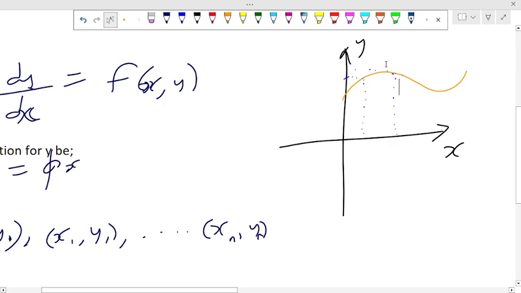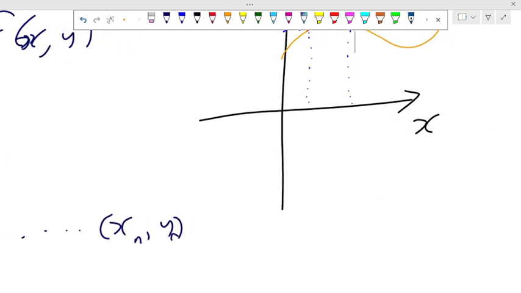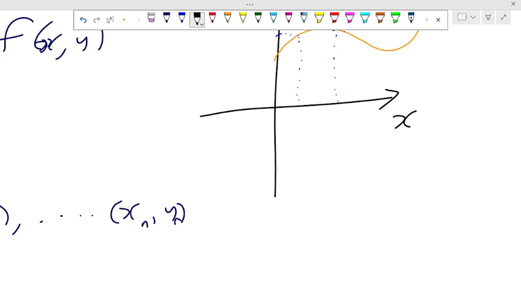This is not that perfect, but I hope you get the point. So this is x0, y0, this x1, y1, x2, y2, just like that until xn, yn.